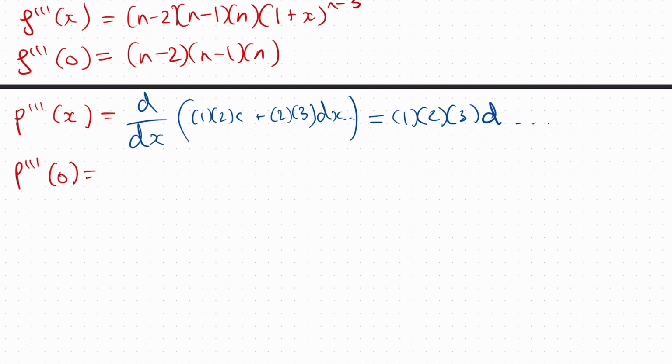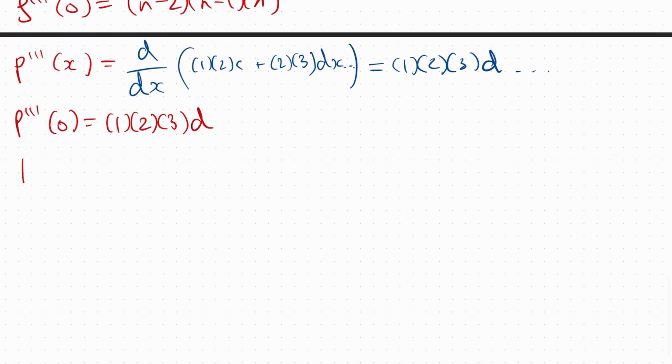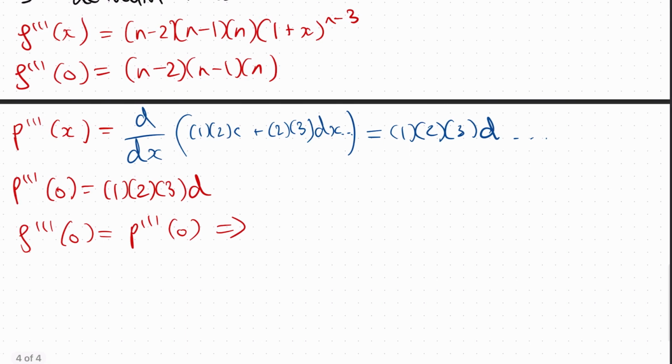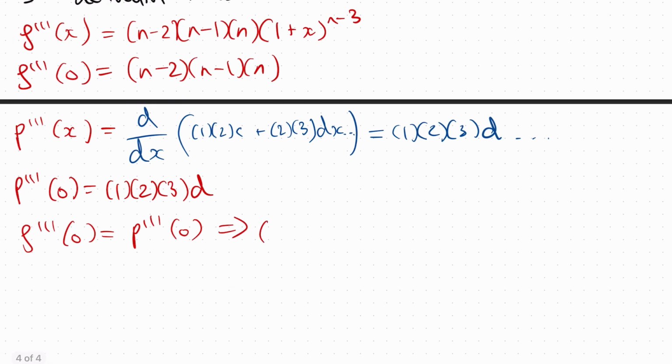So when we put this in, f triple dash of 0 is just going to give us 1 times 2 times 3d. So for the final time, let's match up f triple dash of 0 and p triple dash of 0, which is going to tell us that n minus 2, n minus 1, and n is equal to 1 times 2 times 3d.